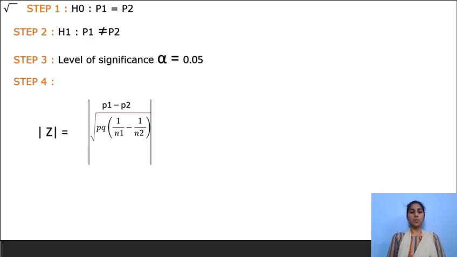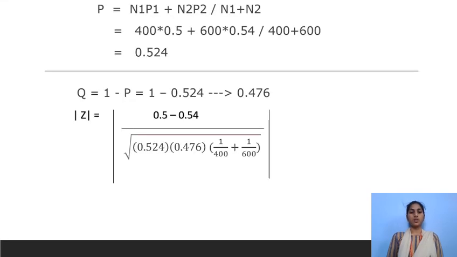Here is the formula of mod Z. And P is equal to N1 P1 plus N2 P2 by N1 plus N2. N1 is equal to 400, so 400 into 0.5 plus 600 into 0.54 divided by 400 plus 600. After calculating this whole equation, we will get 0.524.